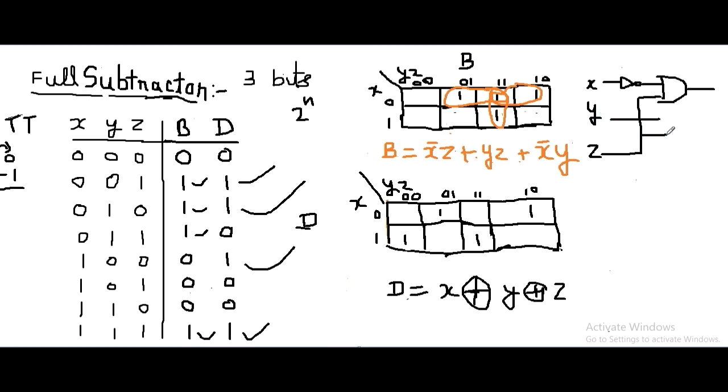From here we can see that this is for yz, and again we have to use the AND gate for this expression. Then we have this x complement y, so x we can take from here, and y is from here, right?